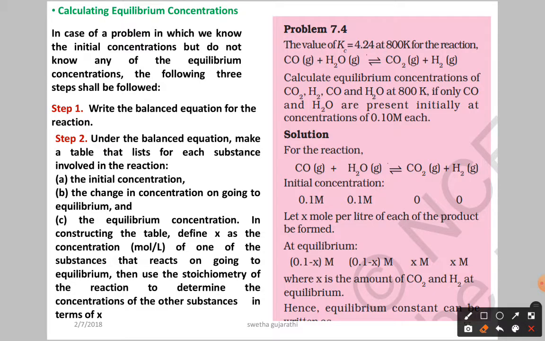The value of Kc is 4.24 at 800 Kelvin for the reaction CO plus H2O gives rise to CO2 and H2. The question is: calculate the equilibrium concentrations of CO, H2O, CO2 and H2 at 800 Kelvin if only CO and H2O are present initially at a concentration of 0.1 molar.